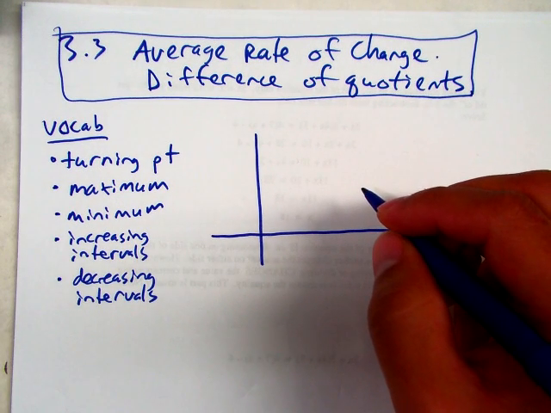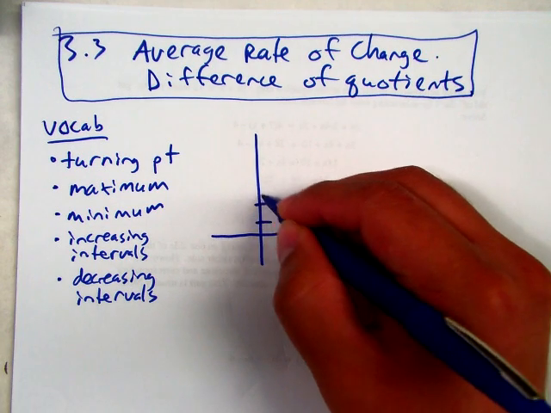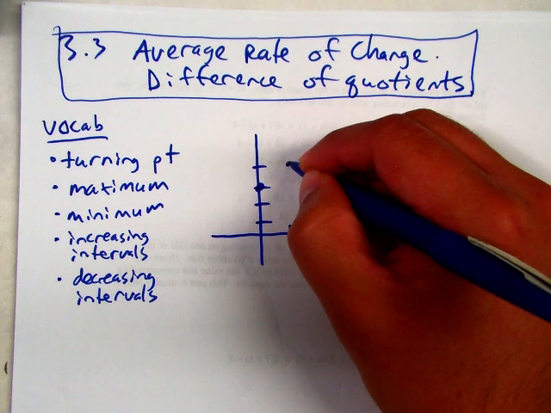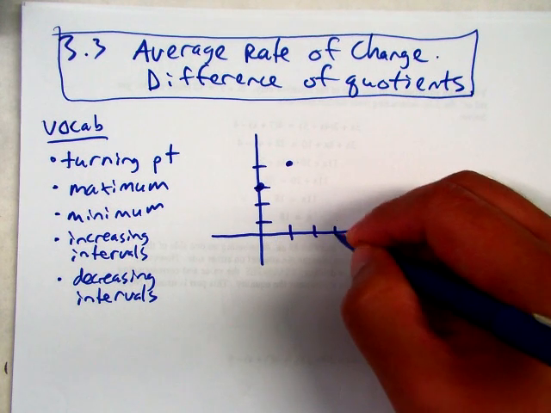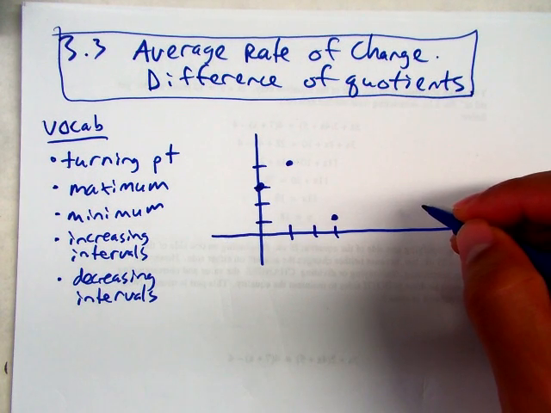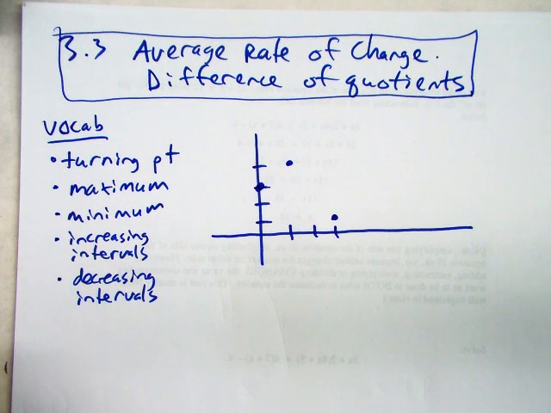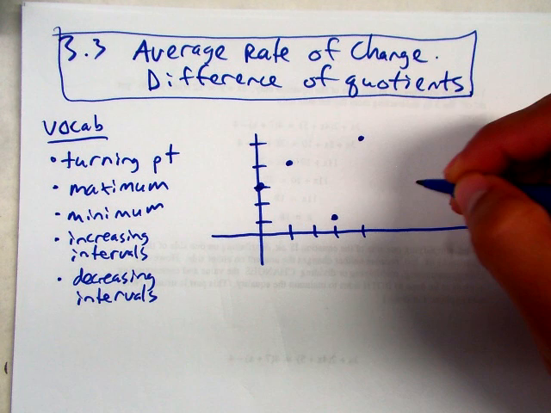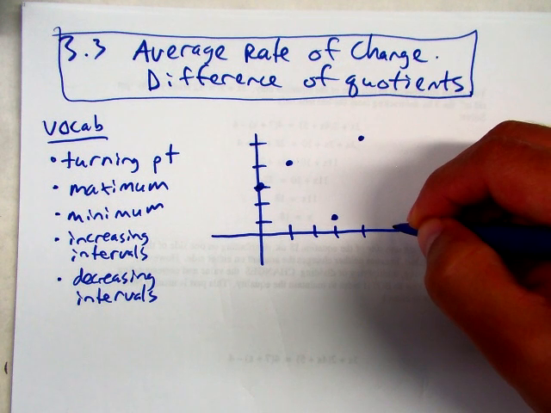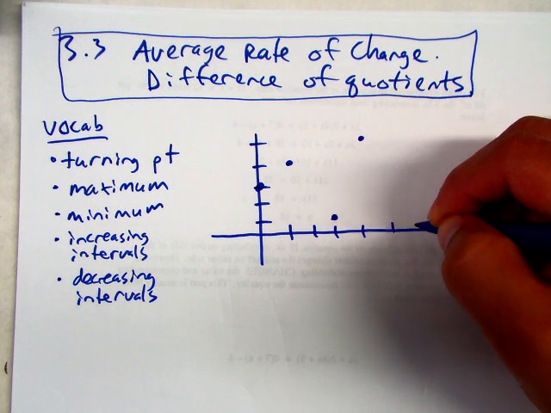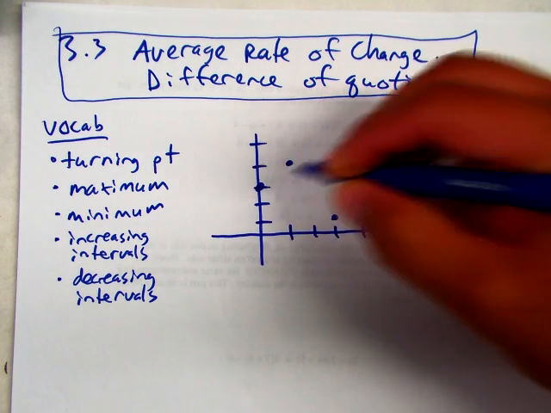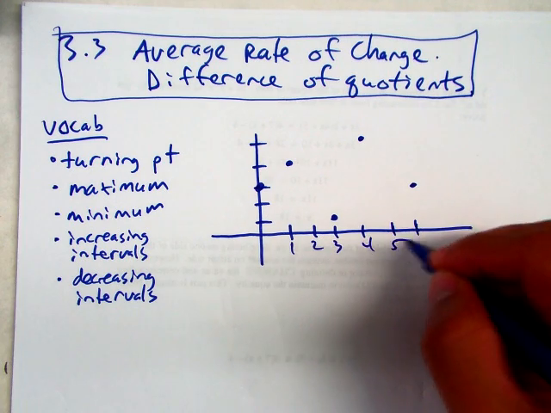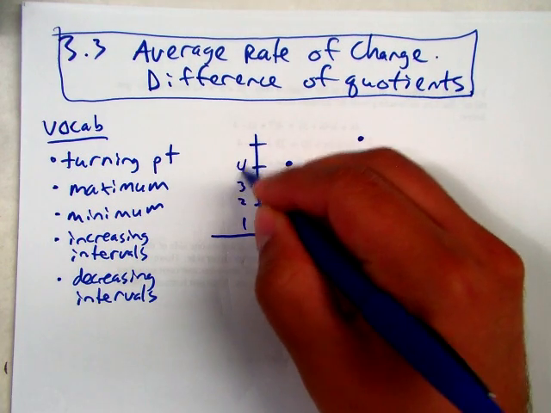Let's say we have a point at 0, 3, and then at 1, 4, then at 3, 1, and then at 4, 5, and then we'll go to 6. So 1, 2, 3, 4, 5, 6. 1, 2, 3, 4, 5.